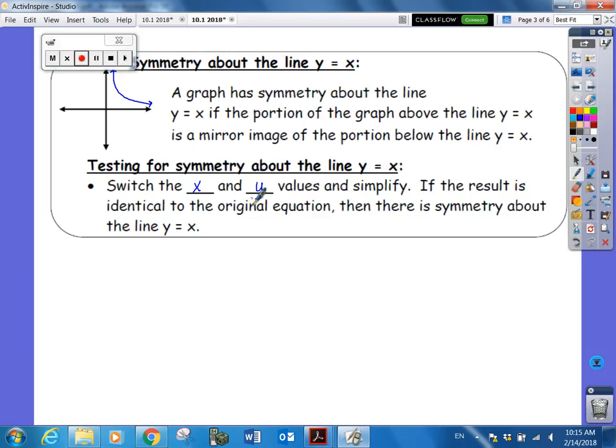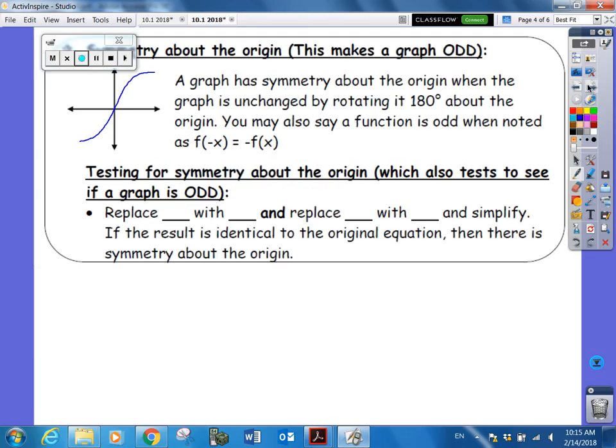Only the y-axis and the origin have to do with an even or odd graph or an even or odd function. So when you test for symmetry about the origin, which is the point 0, 0, we replace the x's with negative x and the y's with negative y. Or you make the x's and the y's opposite of what they originally were.